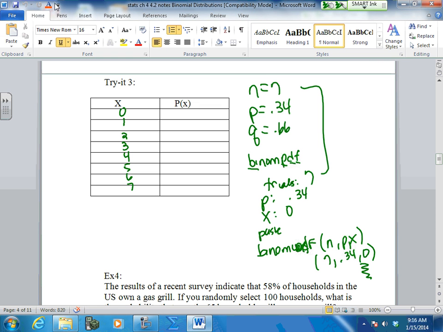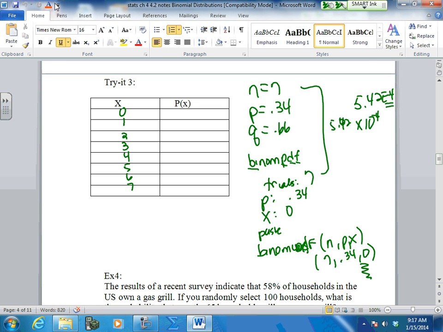Keep your probabilities to 3 decimal points, unless you need a significant digit. Now, there's only one that's going to give you a hard time, and that's the last one. When you do that last one, if you get 5.4 to whatever it is, E negative 4, that's your scientific notation number. You certainly know that probabilities can't be greater than 1.